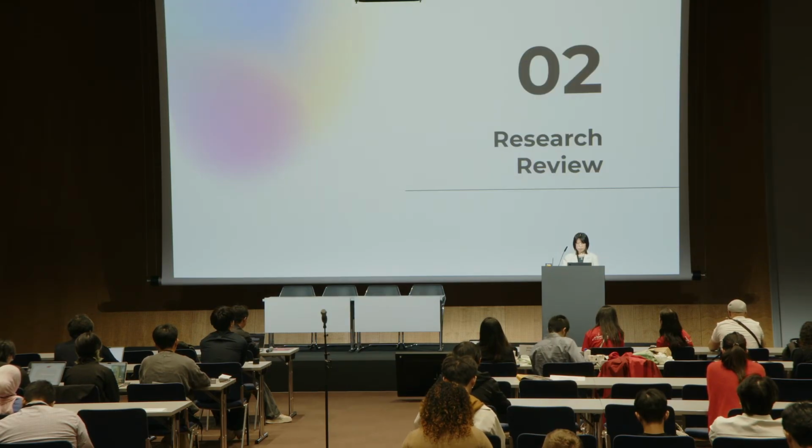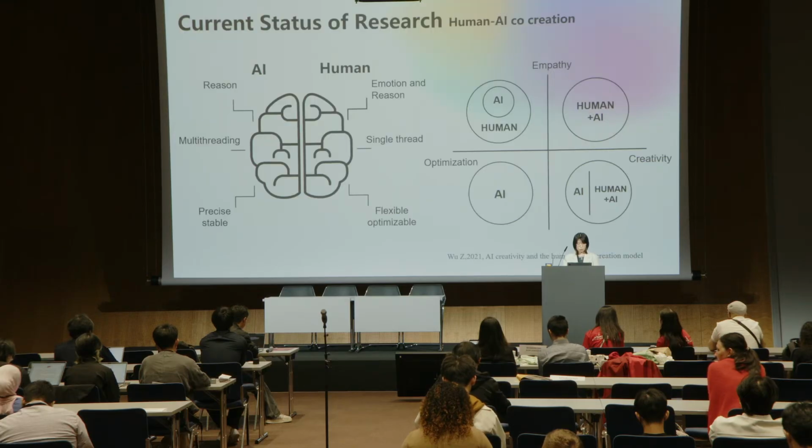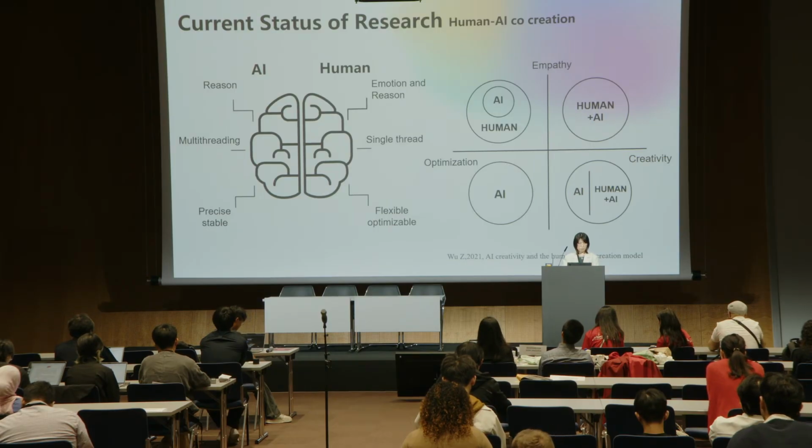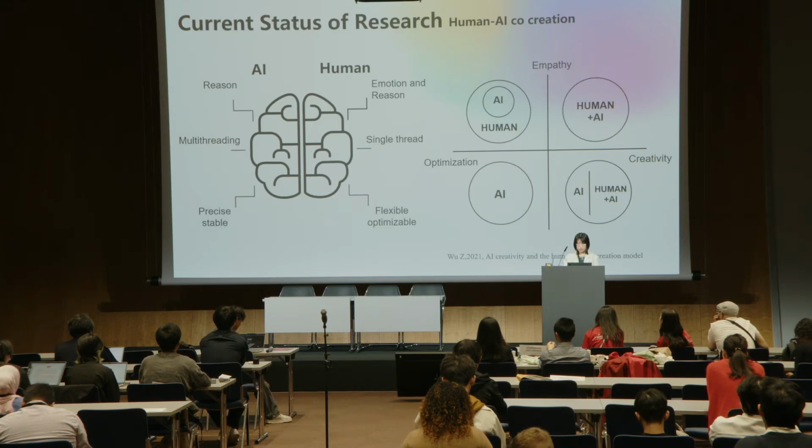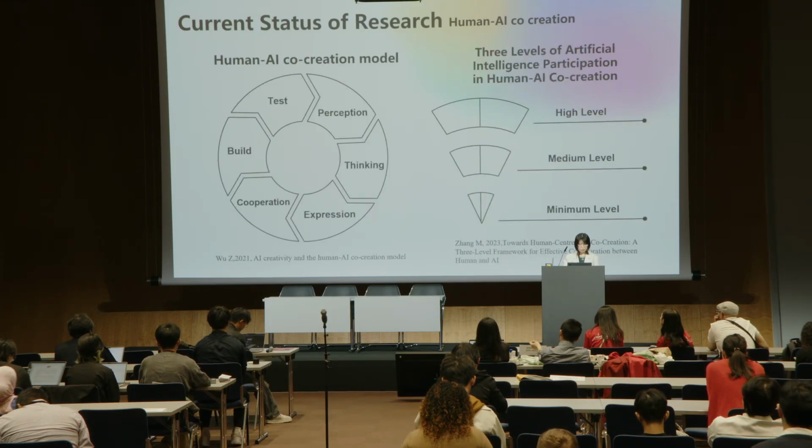And the second part is a research review. For the current state of research on human-AI co-creation, for empathy, optimization, and creativity, there are 4 parts of human-AI co-creation. This is a human-AI co-creation model.